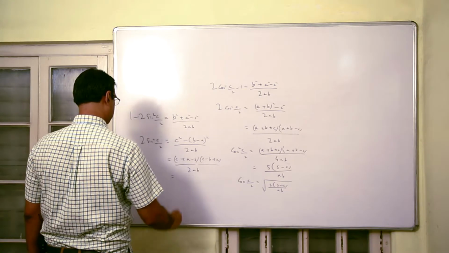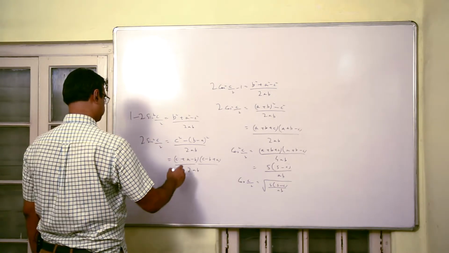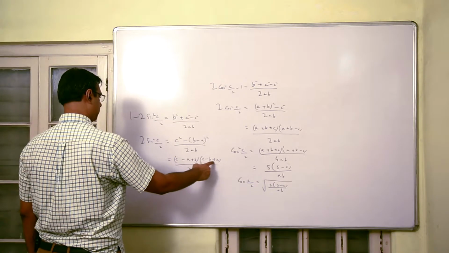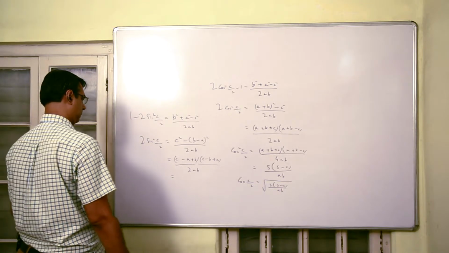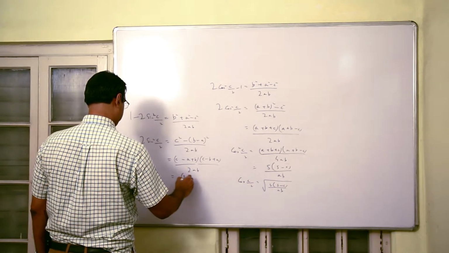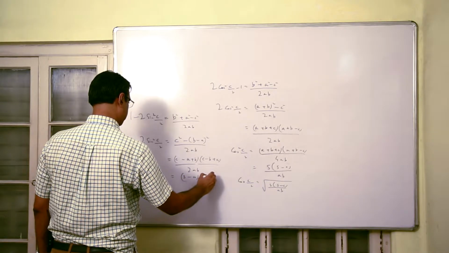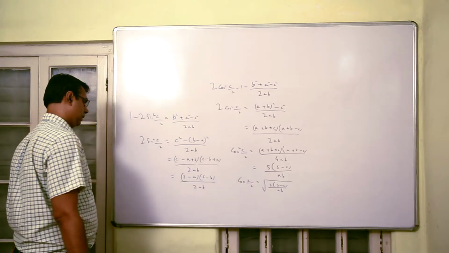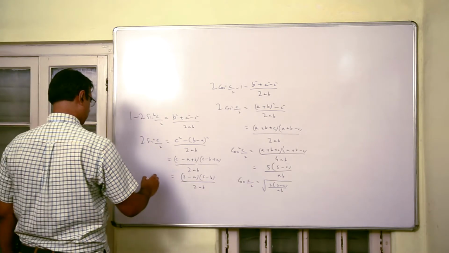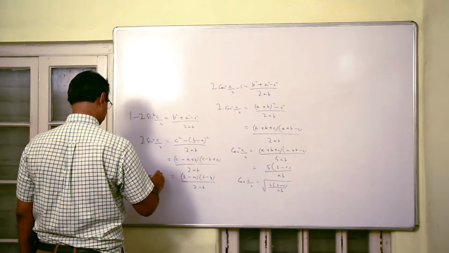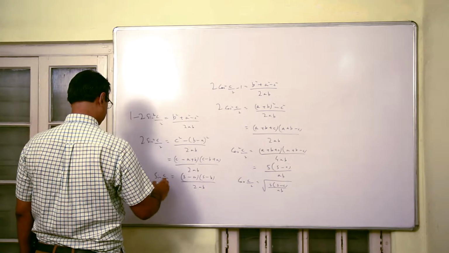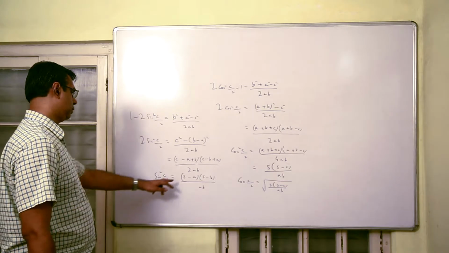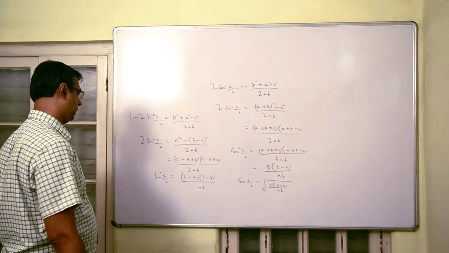Once again, it will be (C minus A plus B) into (C minus B plus A) by 2AB. Once again you take the help of semi-perimeter, so it is coming root over (S minus A) into (S minus B) divide this is sine C by 2, and this 2 and this 2 will get adjusted in the semi-perimeter.